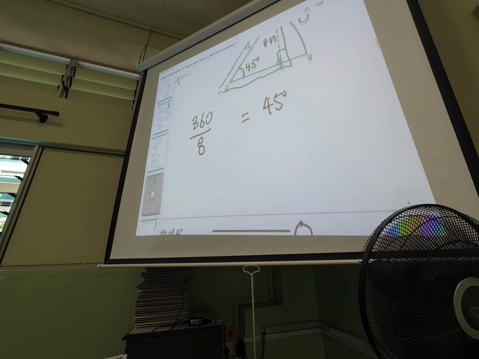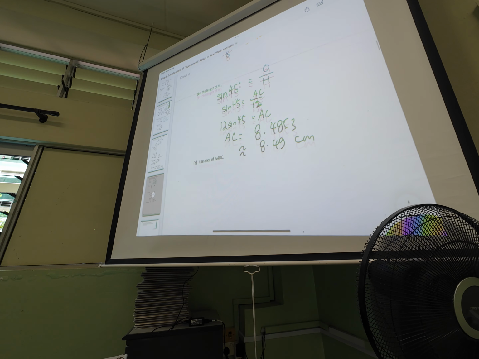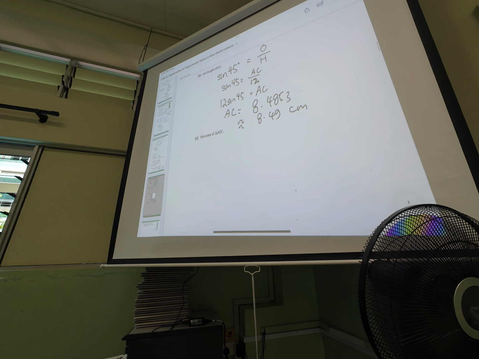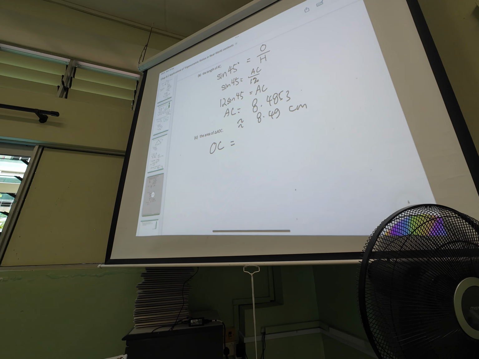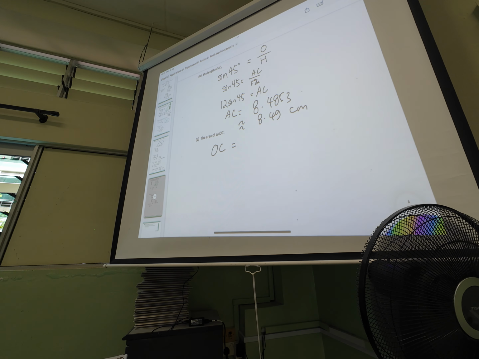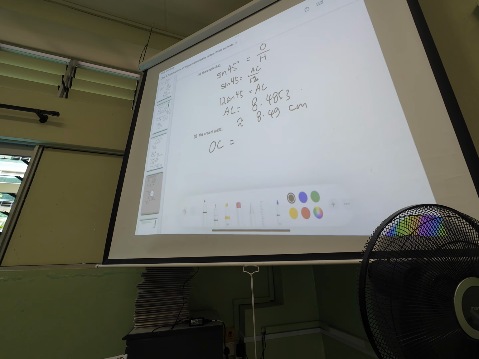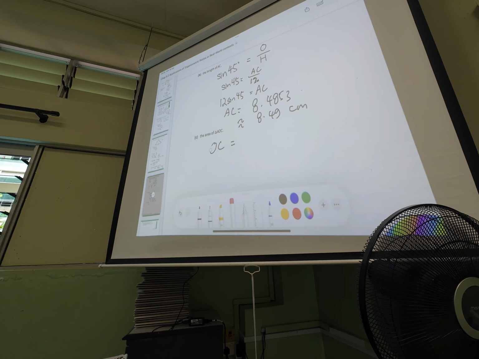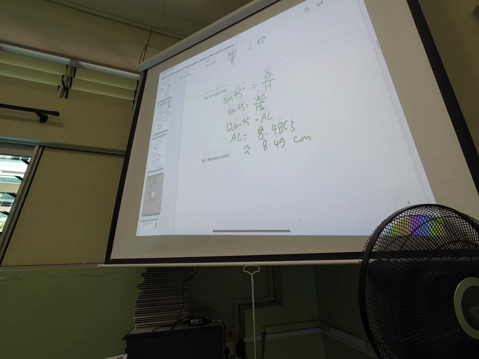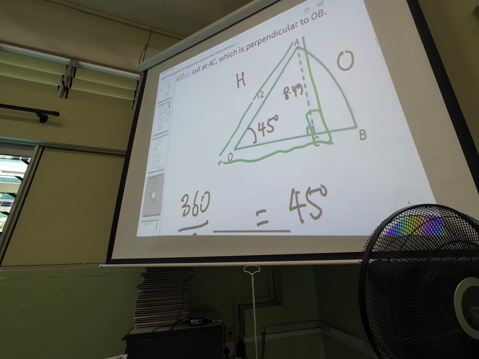But if you are faster, you will know that your OC... Okay, we go through the long way. OC is my adjacent. If I go back, OC is my adjacent.